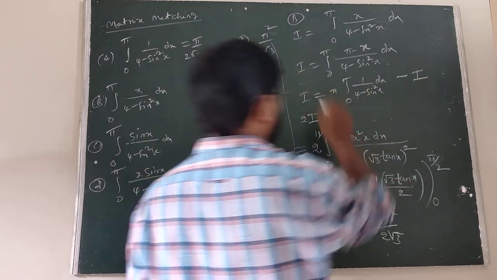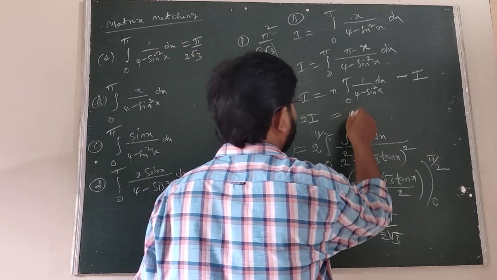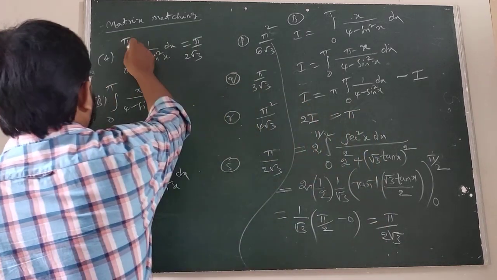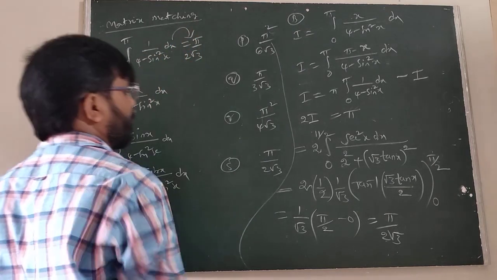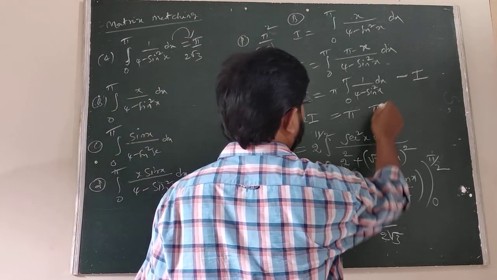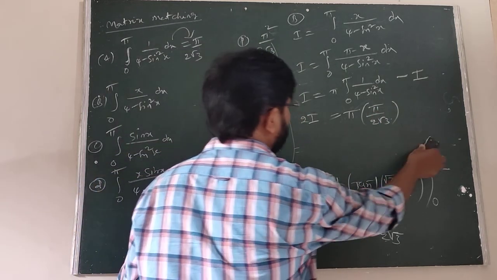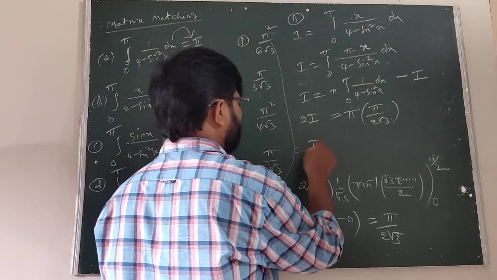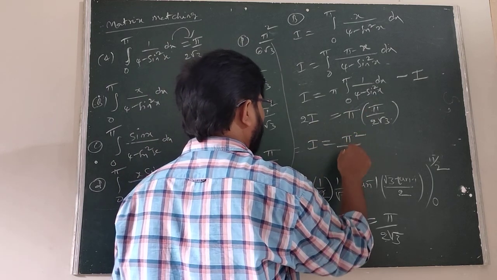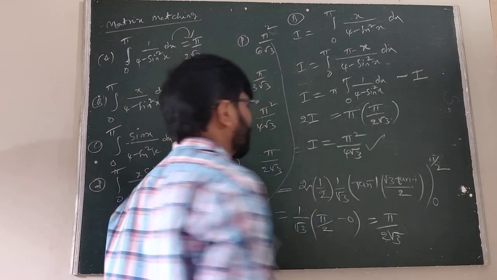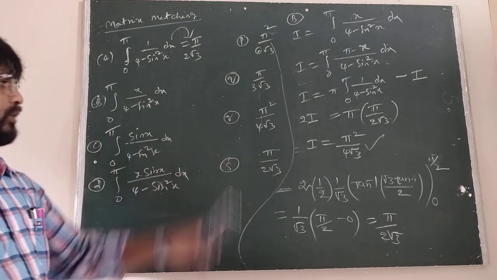The minus I is sent to the other side as plus I, so I plus I is 2I. Just now we found that the integral from 0 to pi of 1 upon 4 minus sine square dx is pi by 2 root 3. So I equals pi into pi, which is pi square, over 2 into 2 is 4 root 3. This is the value of I. Okay, is it clear? Pi square by 4 root 3 is the B.